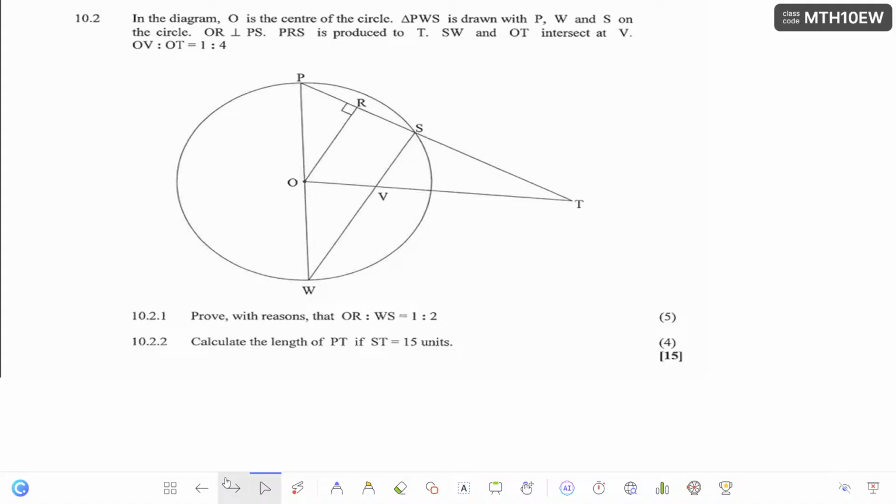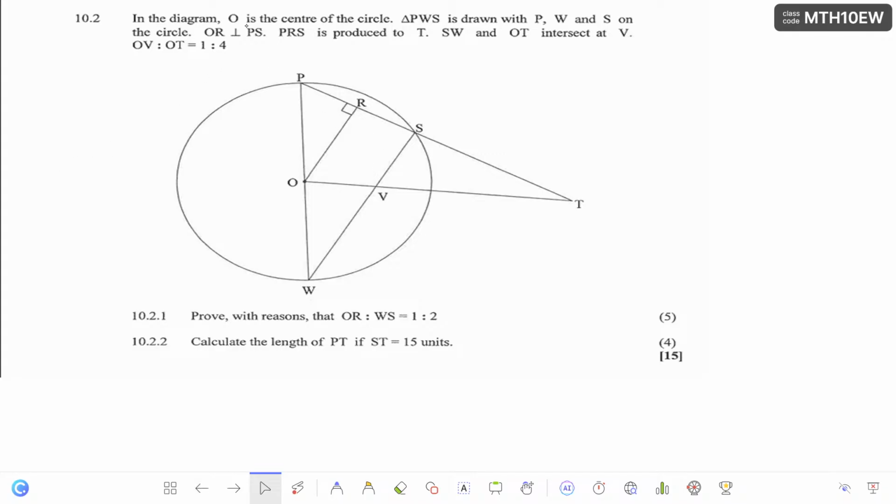Let's go to question 11. No, it's still question 10, but this 10 point, okay, 10.2. So okay, 10.2.1.